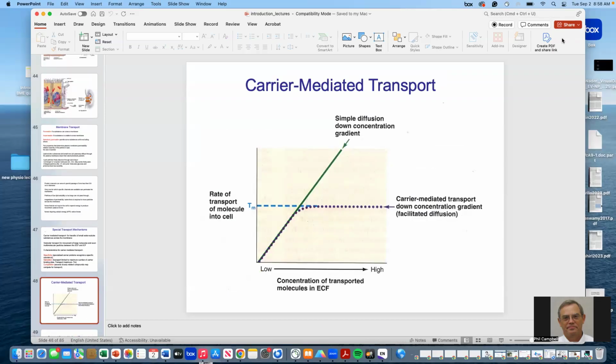Now, let me give you an example of saturation. So if we look here on the x-axis, we have the concentration difference between outside and inside the cell.